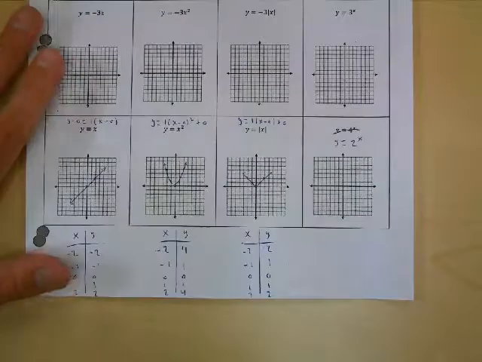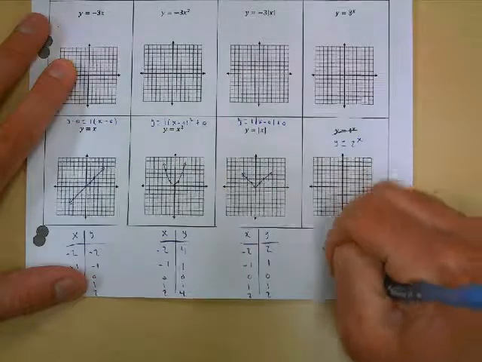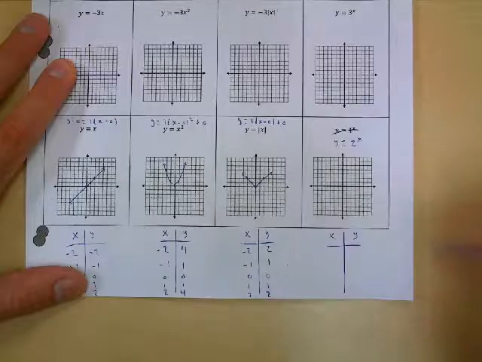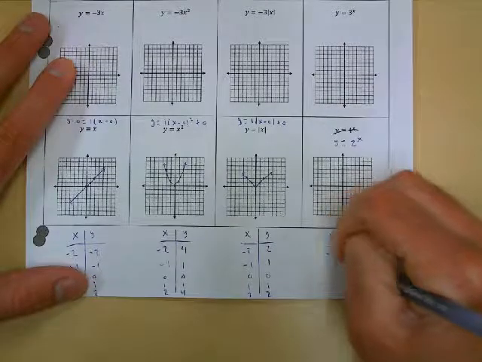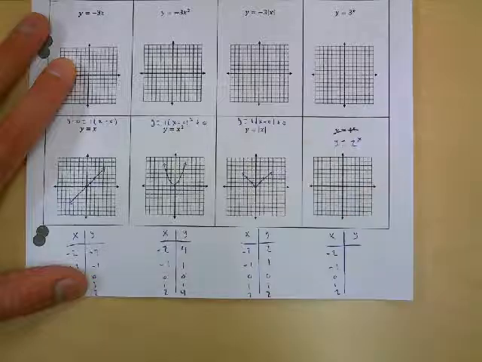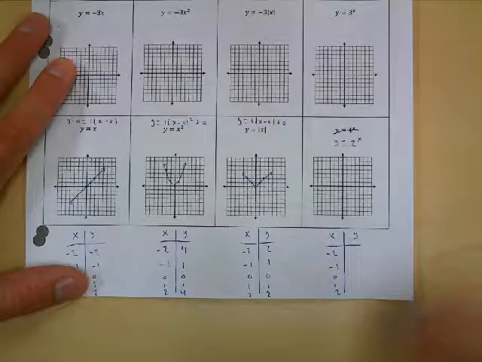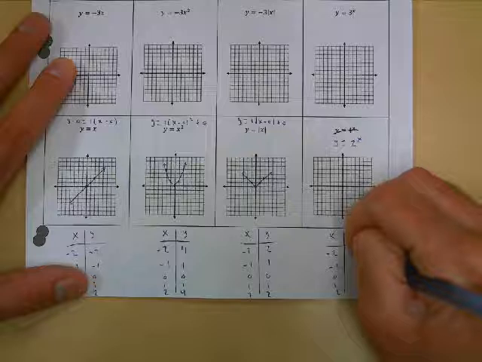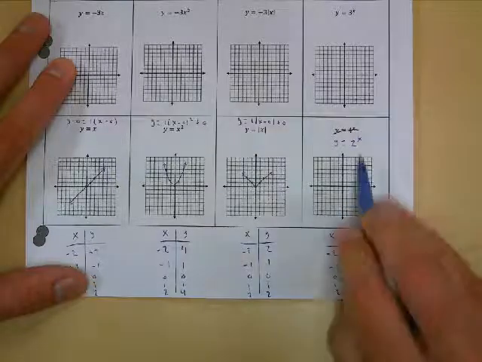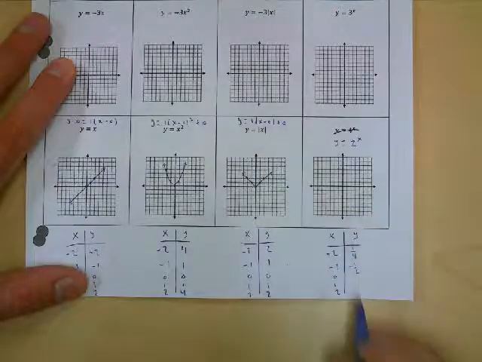Well, let's plot some points here, just like we did before. So we'll do the same numbers, -2, -1, 0, 1, and 2. If I stick in x as -2, 2 raised to the -2 is 1/4. So we've got to flip it and then square it. 2 raised to the -1 would be 1/2. 2 raised to the 0.